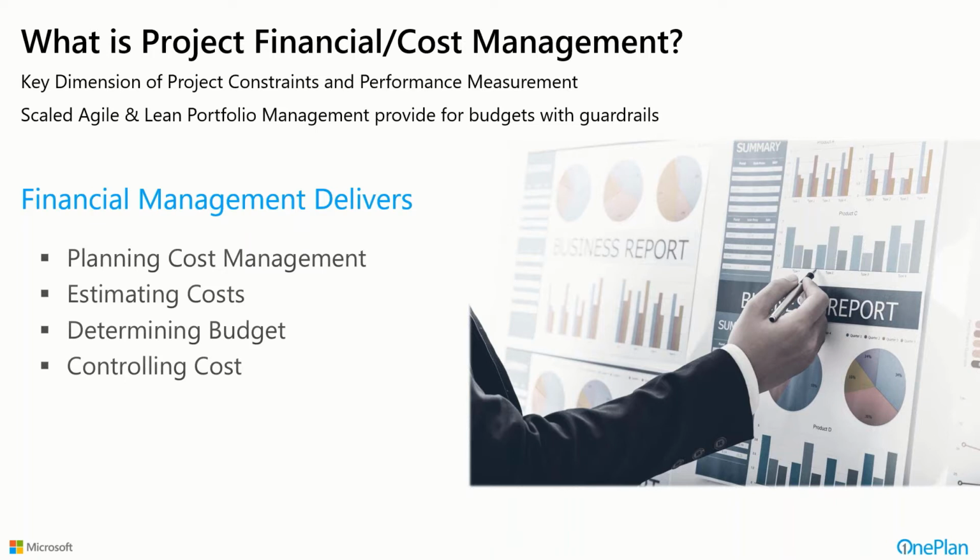And financial management has that planning cost management up front, as we can overall manage the costs and plan for things like in our annual plans and initial portfolio planning, down to the project of estimating the individual costs within those projects, and then agreeing to and determining a budget that we're going to manage to within those things. And then in the active life cycle, constantly controlling those costs.